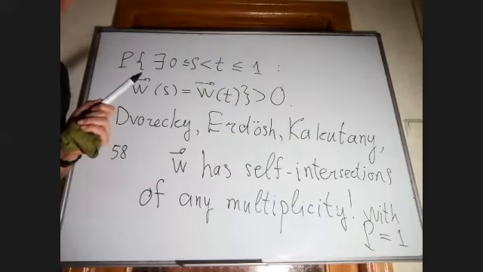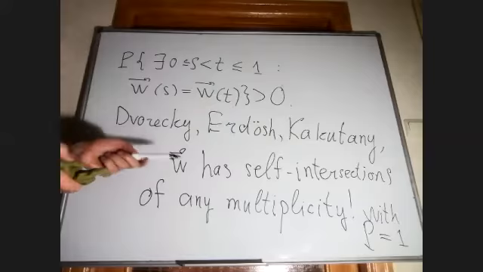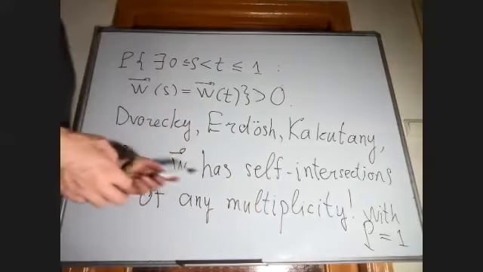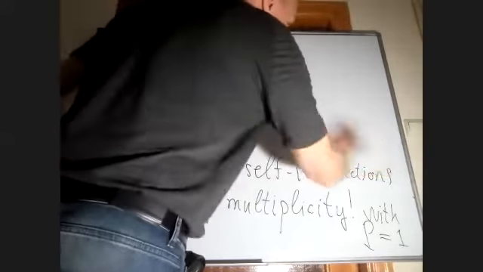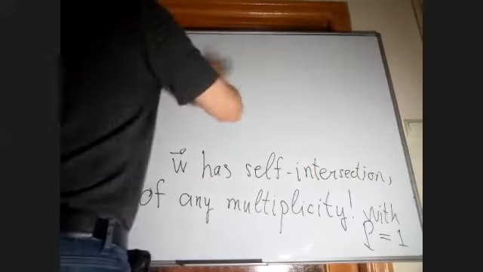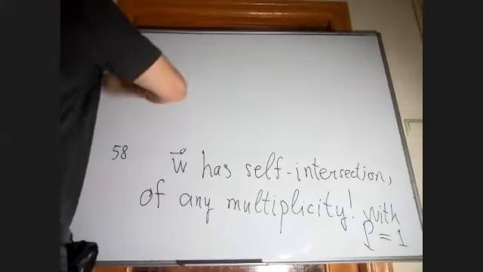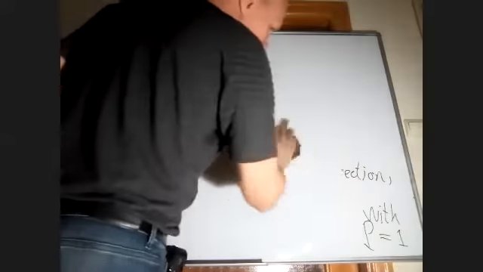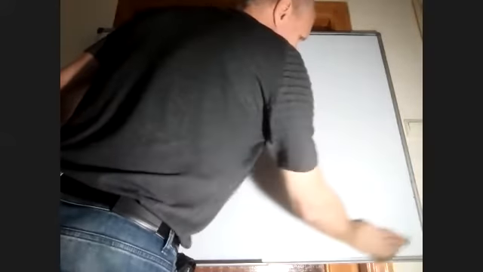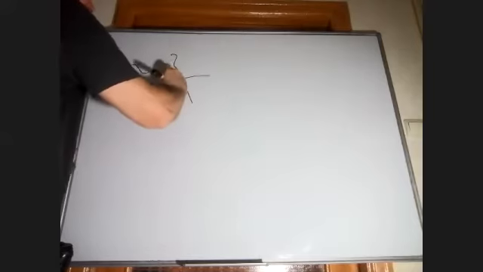But it turns out that with probability 1, it has self-intersections of any multiplicity. So it happens that the trajectory of W has such behavior.